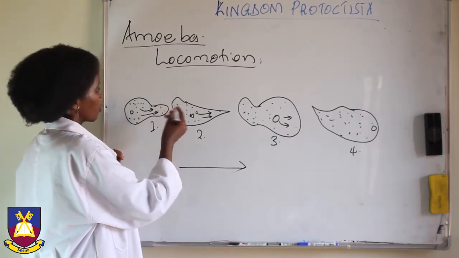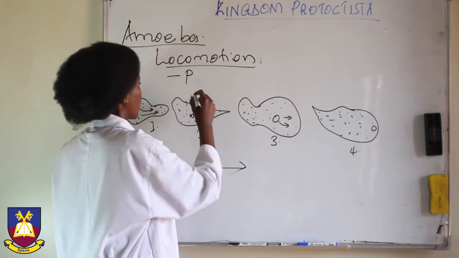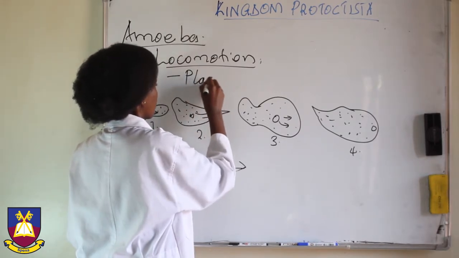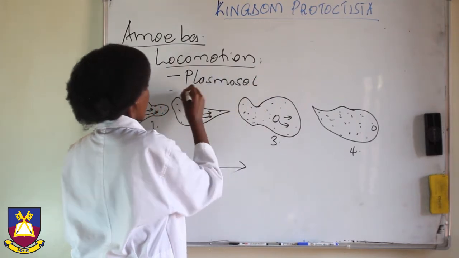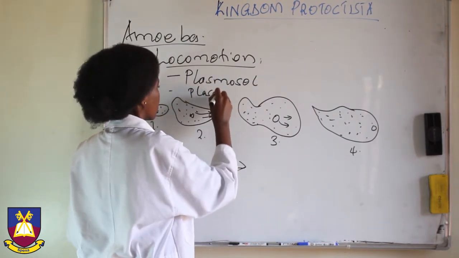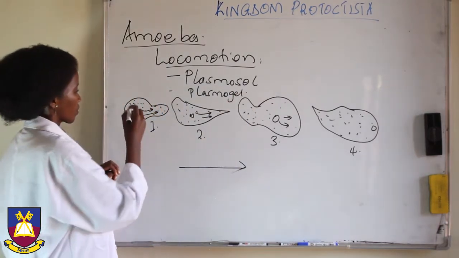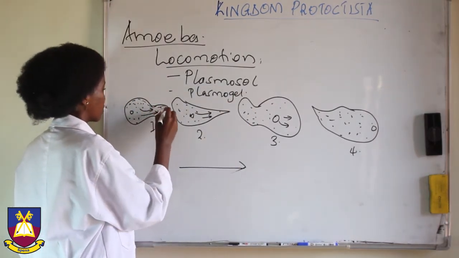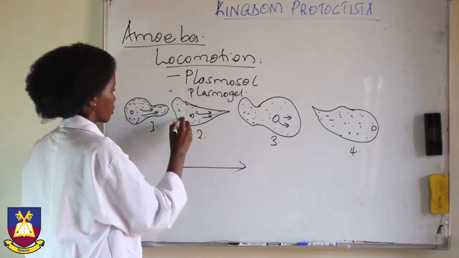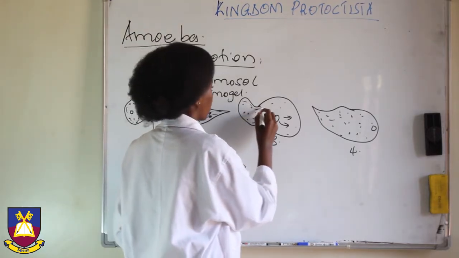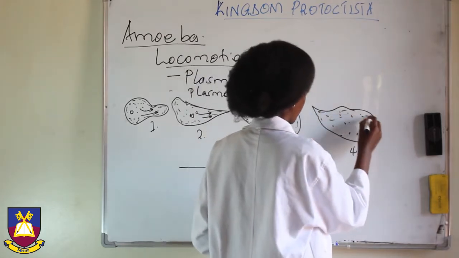So, this extension is possible by two forms of cytoplasm, that is the plasmosol and plasmogel. Now, there's a part of the cytoplasm that is softer than this other normal cytoplasm, okay?